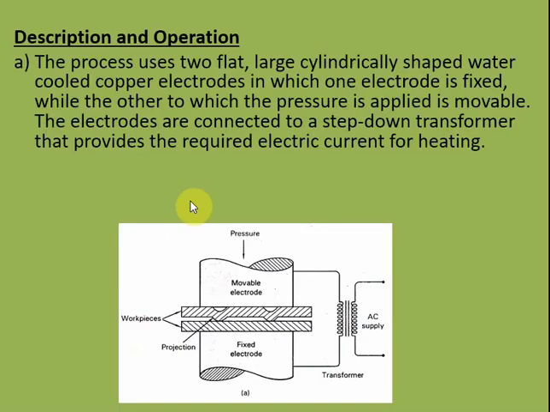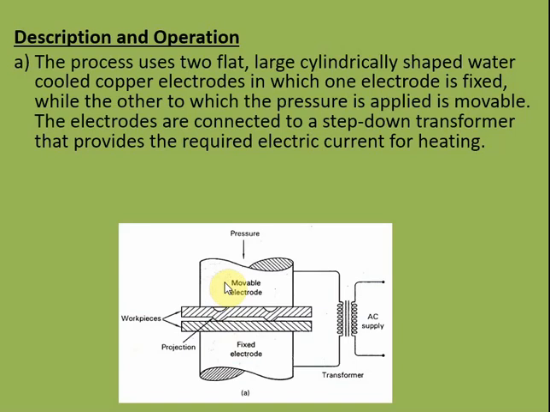It has two electrodes. The electrodes are made up of copper or any electrically conductive material. They are in the shape of long cylinders. For both the electrodes, one end will be flat, and those flat sides are parallel to each other.